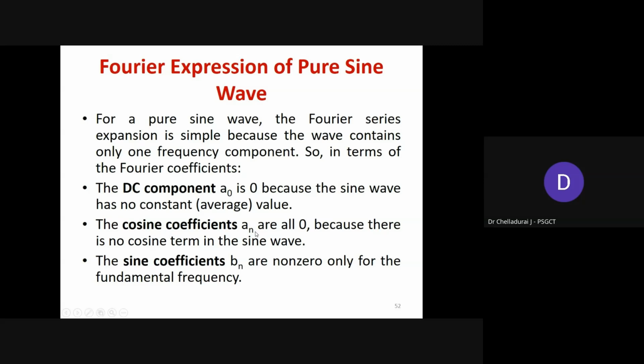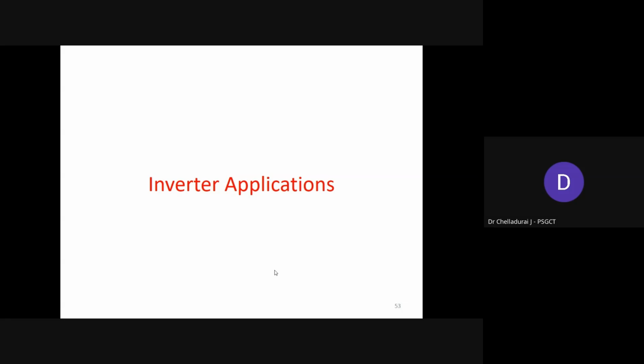Then the An coefficient is equal to 0. Similarly, the Bn coefficients are equal to 0, so we will get the fundamental component alone. Because of this reason, we always have to use a pure sine wave for electrical appliances.